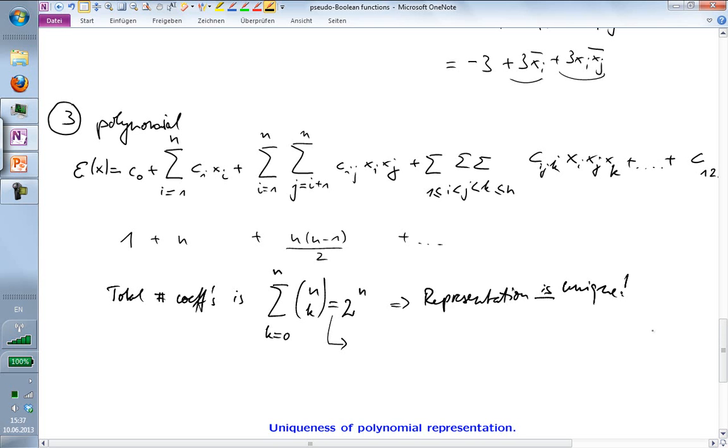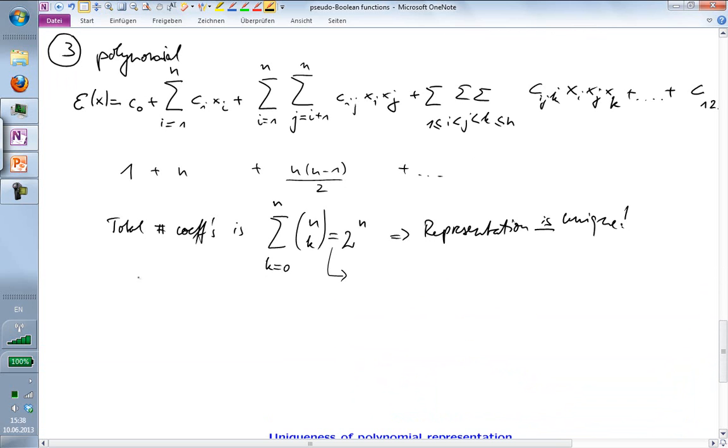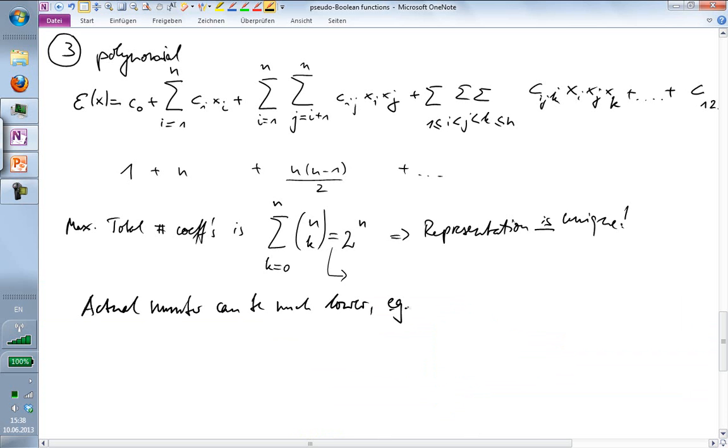So this is the maximum number of coefficients, but of course many pseudo Boolean functions can be expressed using just a tiny fraction of all of those coefficients. So the maximum total number of coefficients is what I've shown. The actual number of coefficients can be much lower. For example, for this important case of the quadratic pseudo Boolean functions that we're looking at here.